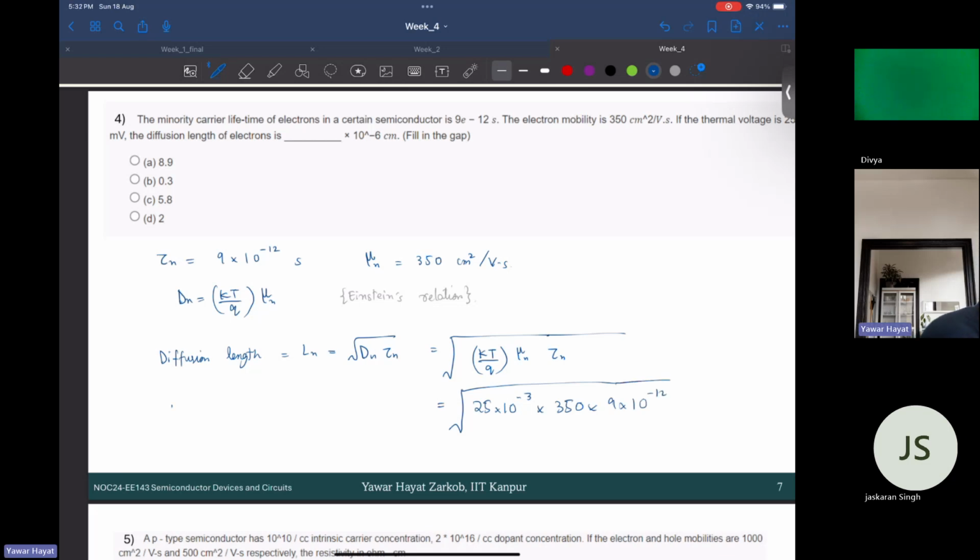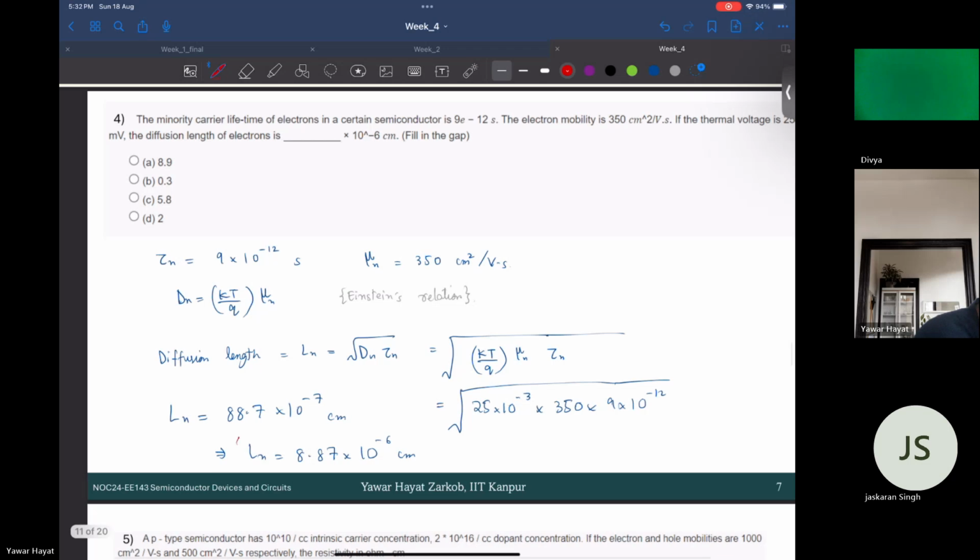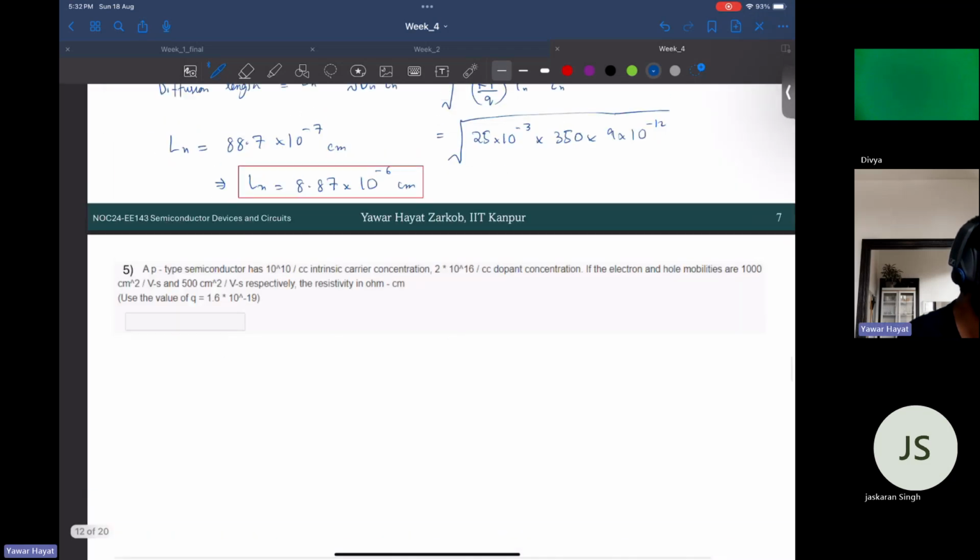So your Ln is equal to 88.7 into 10 to the power minus 7 centimeter. So what does this imply? Your Ln is 8.87 into 10 to the power minus 6 centimeter. This is your diffusion length. So if you round this off, which option is correct? Option A, right? Let's move on to the next question now.